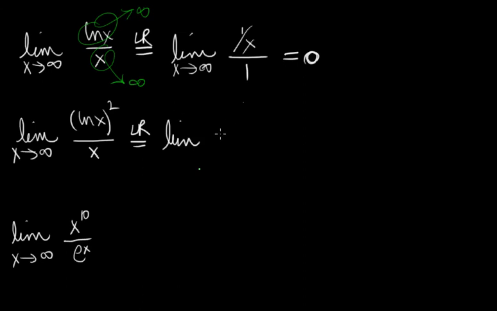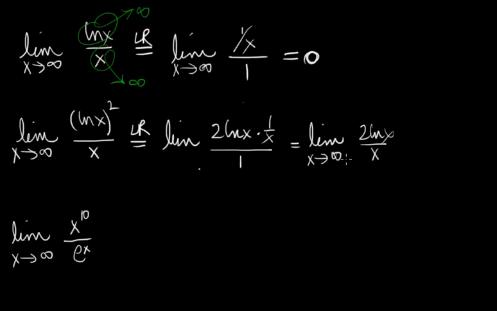So let's take the limit of the quotient of their derivatives, 2 natural log x times 1 over x over 1. So that's equal to, simplifying, 2 natural log x over x as x approaches infinity.